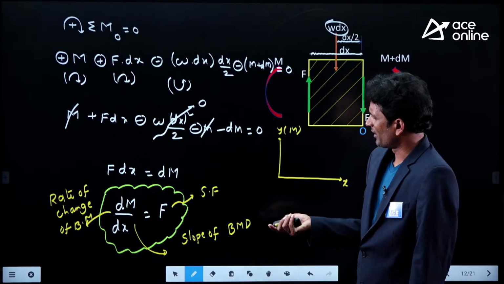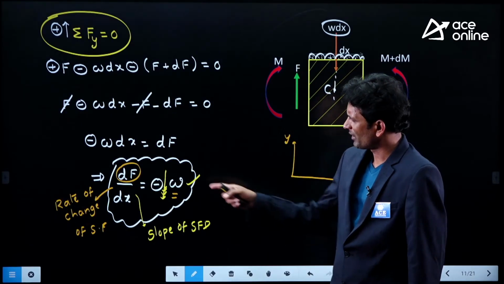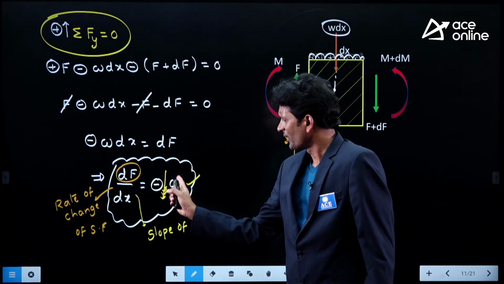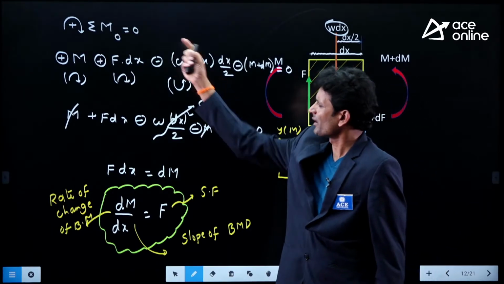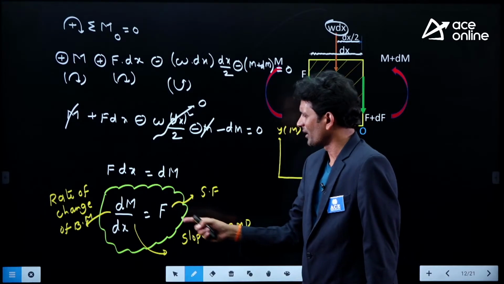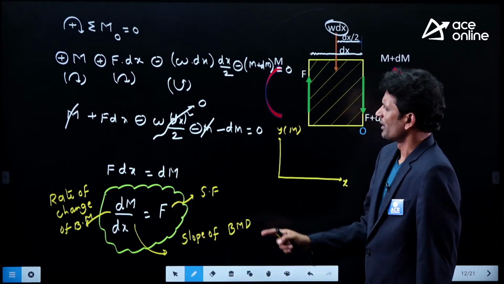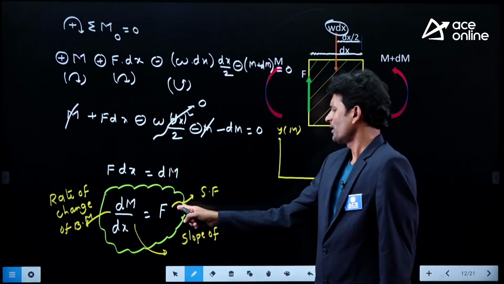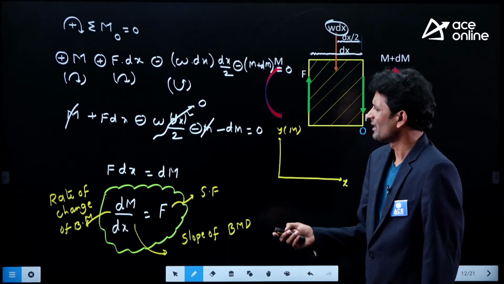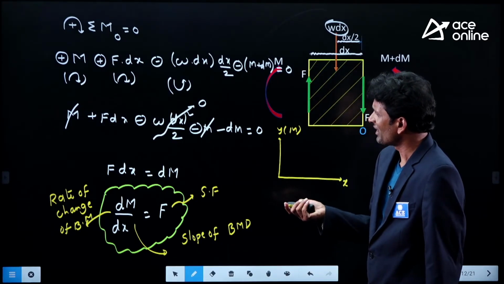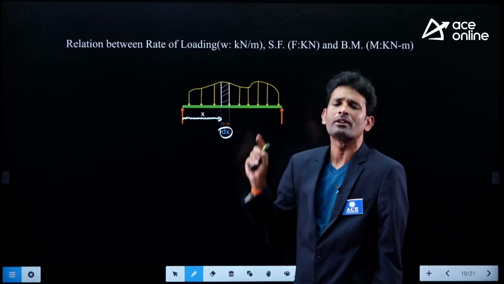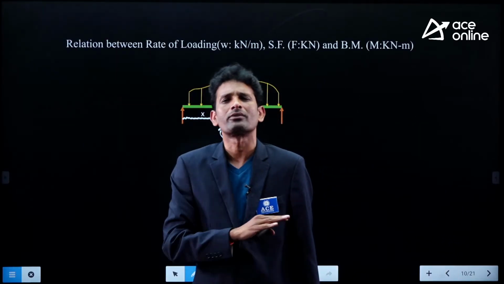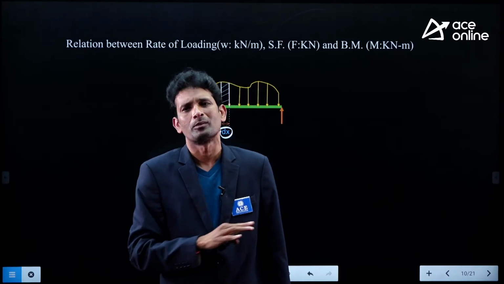So by observing the previous relation, we have the relation between shear force and the rate of loading, and by taking the second equilibrium equation, we get the relation between the rate of change of bending moment and shear force. Those are the relations we have. But observe this one: these relations are valid only for distributed loads, not for distributed moments or for point moments.